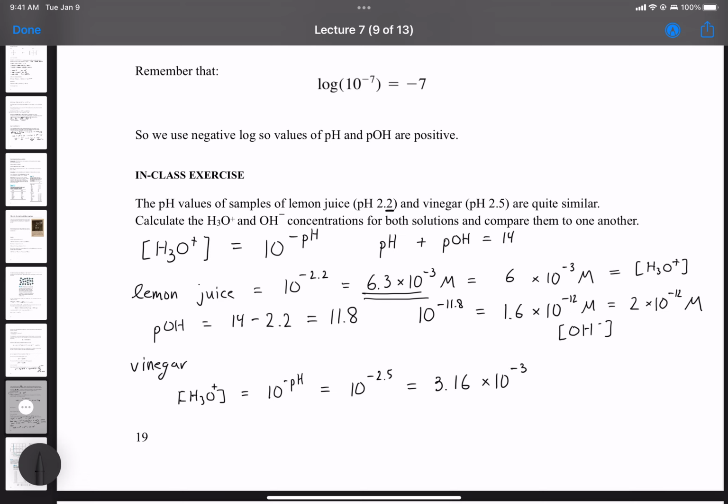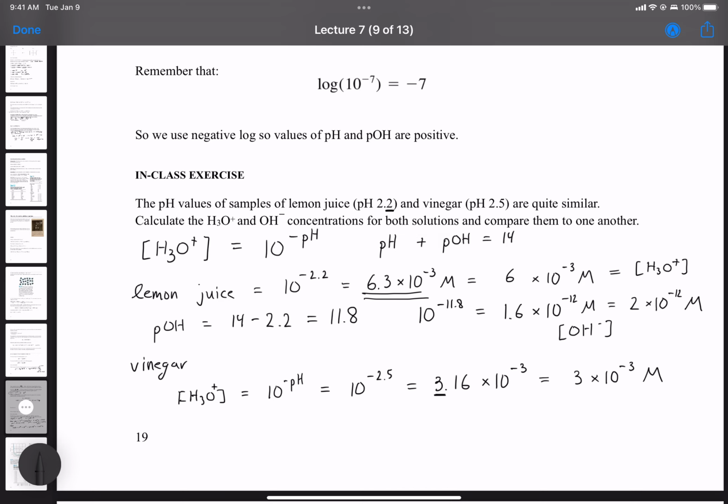But you see here in our pH value, we only have one decimal point, so we should round to the first sig fig. I'm going to underline the 3, that's where I'm going to round my number. And so this will turn into 3 times 10 to the negative third molar.